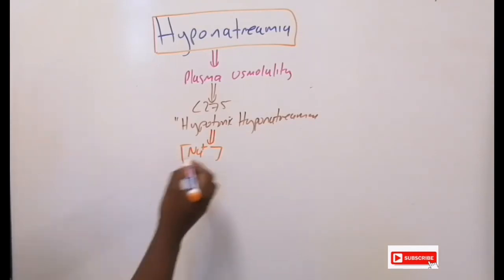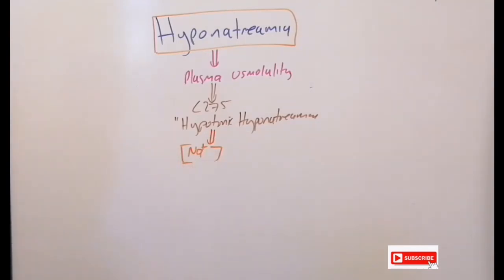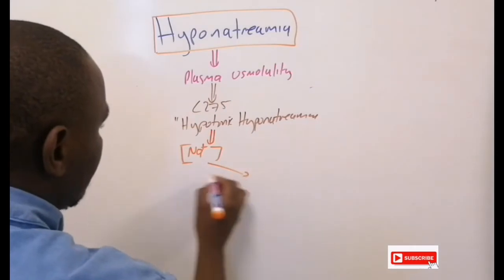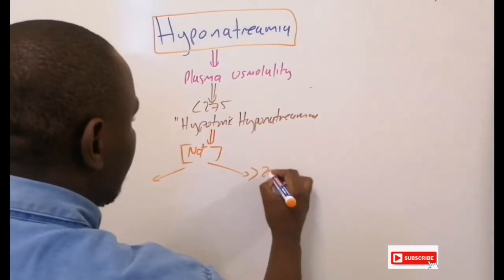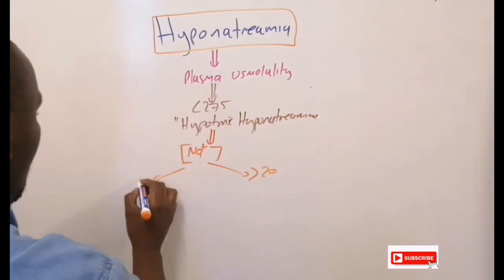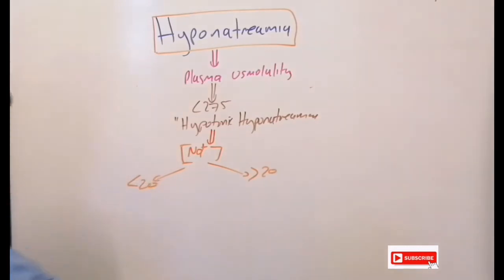The concentration of sodium in the urine, if it comes out more than 20 millimoles or less than 20 millimoles, it's telling you something.